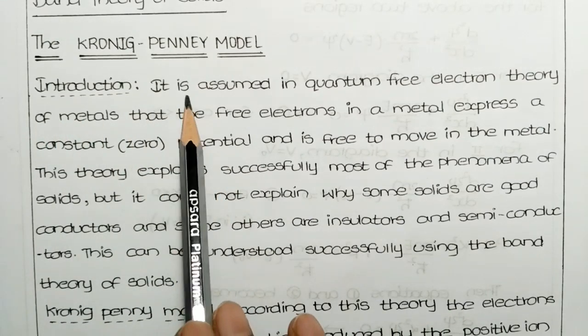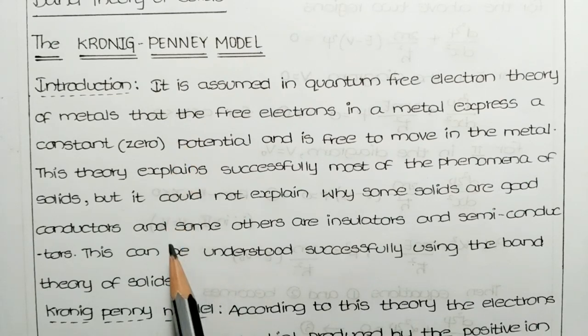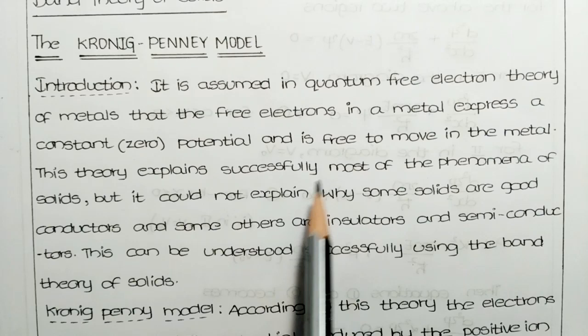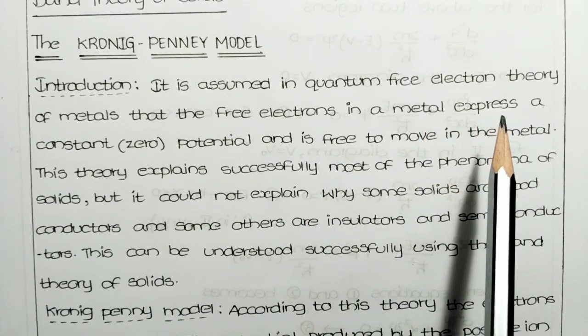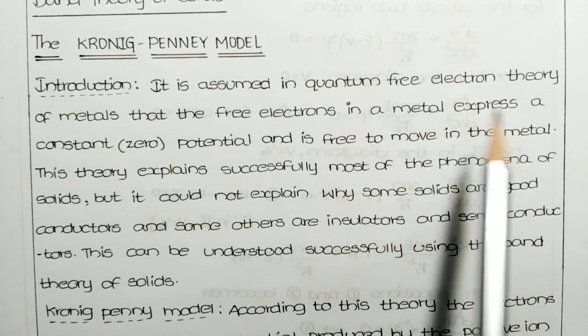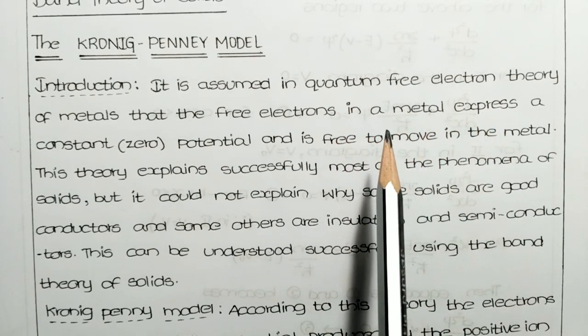Actually, this paragraph belongs to the classical free electron theory. In classical free electron theory, Drude and Lorentz explained that the electron behaves like a gas molecule in a container.